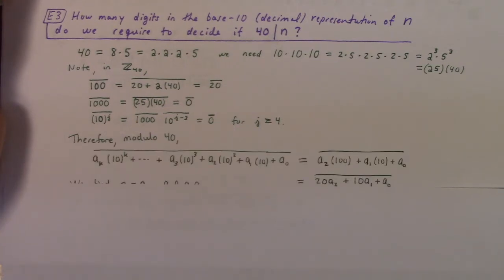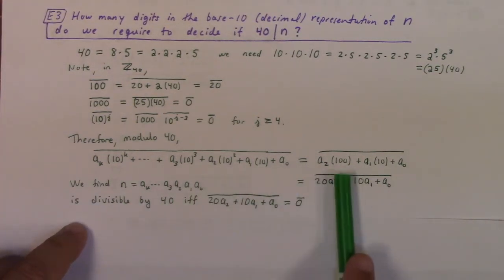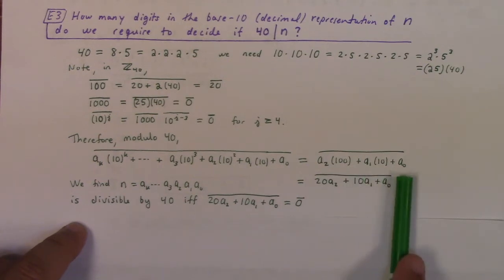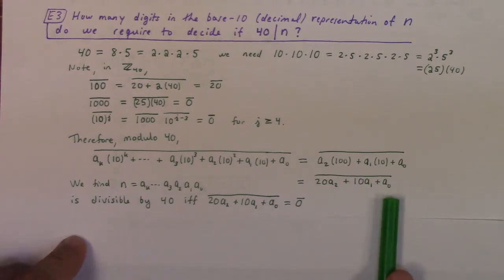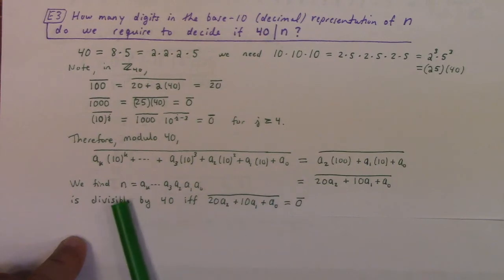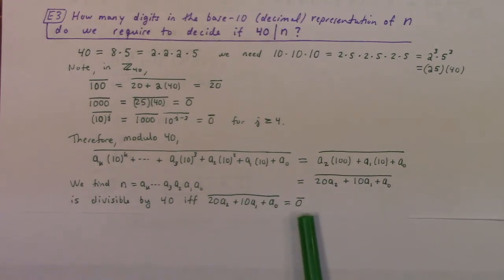So modulo 40, we can take any integer, and it just drops back to a2 times 100 plus a1 times 10 plus a0, which is equal to 20 a2 plus 10 a1 plus a0 bar, all right? And so we find then that n with this decimal expansion is divisible by 40 if and only if 20a2 plus 10a1 plus a0 is equal to 0 bar in Z40, right?